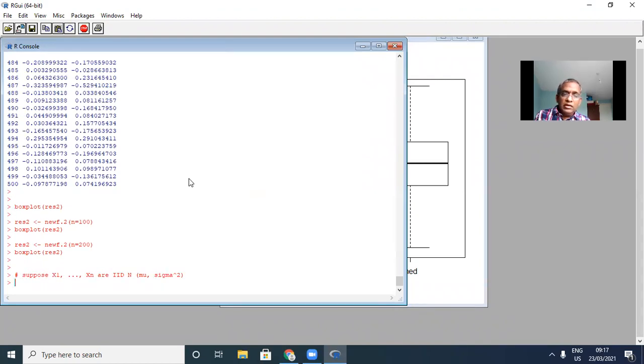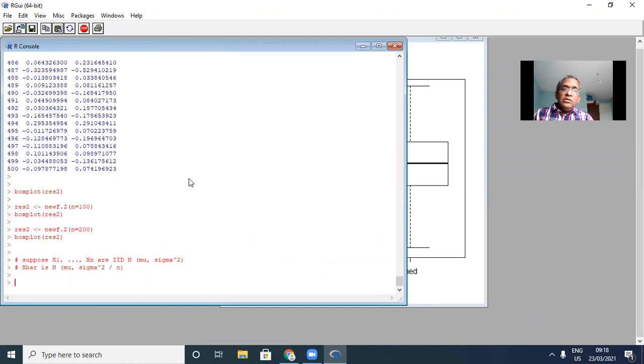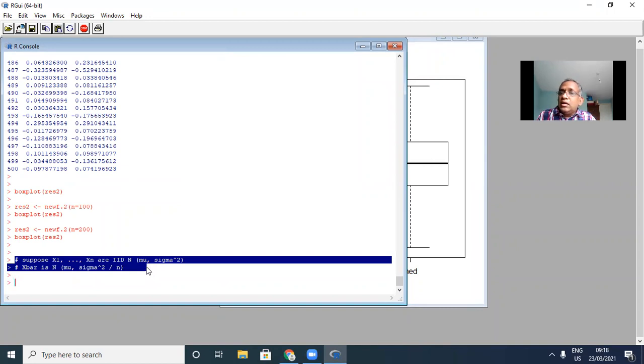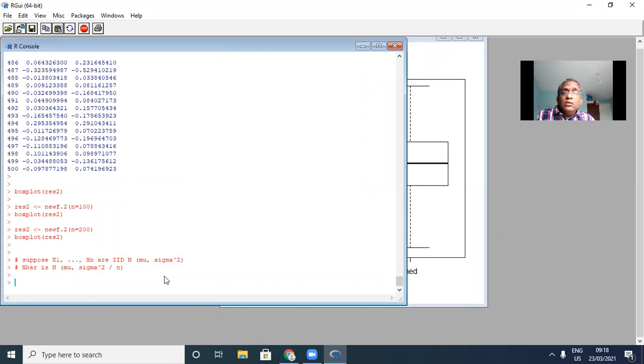One of the results I mentioned in the video is that x bar, the sample mean, is also normally distributed with mean mu and variance sigma squared by n. Do you guys remember this result? This is a result I mentioned in the video on the normal distribution. If you don't remember, please look at it again.